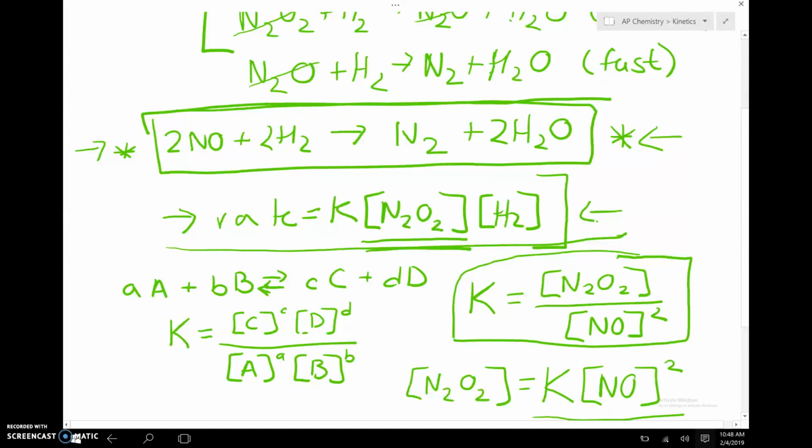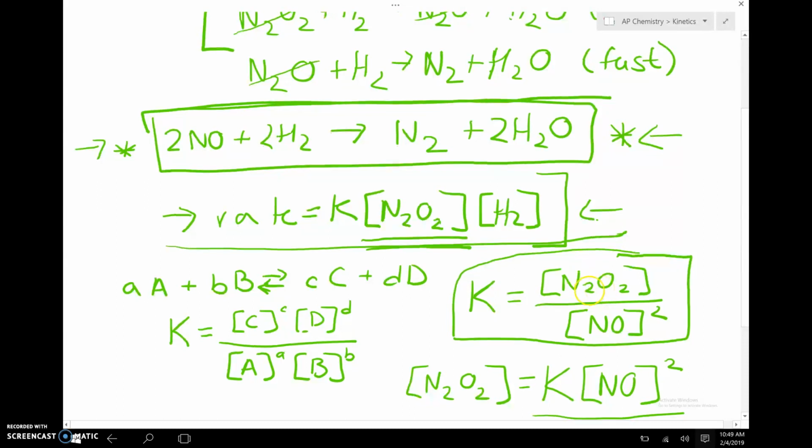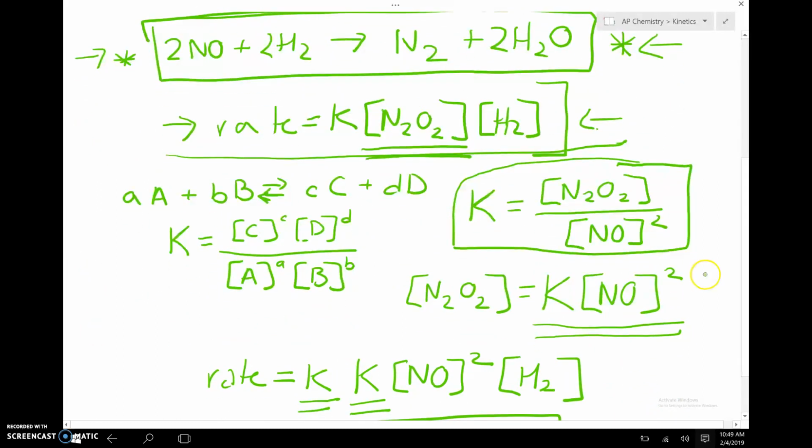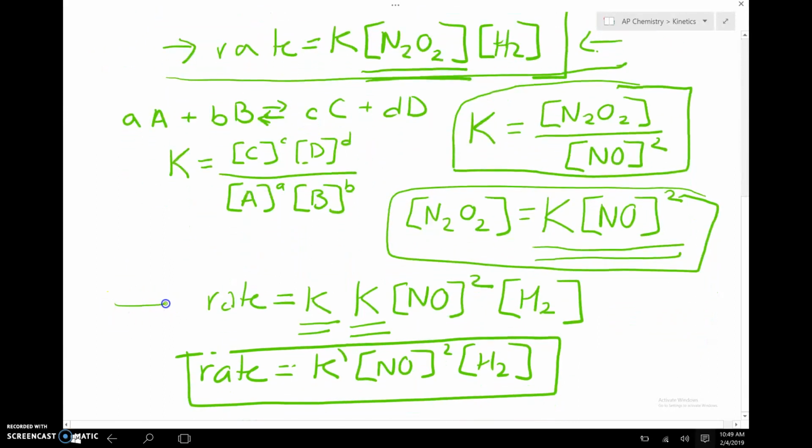If it does not, and it includes an intermediate, we can try to do an equilibrium substitution where we write the equilibrium expression, products over reactants. We solve for the intermediate, which is what I did right here, solved for the intermediate algebraically. And then we plug in that algebraic expression for the intermediate in the rate law, which is what I was doing down here.